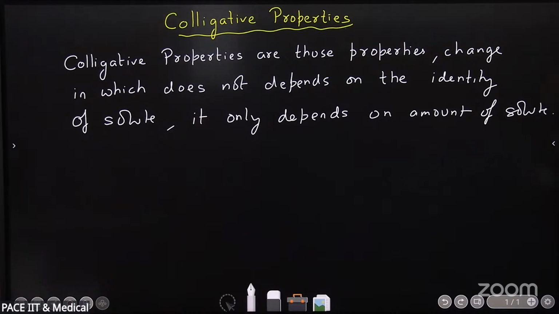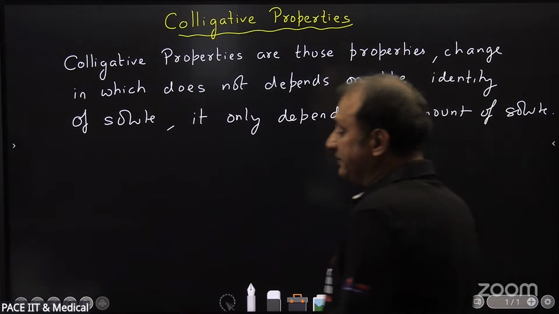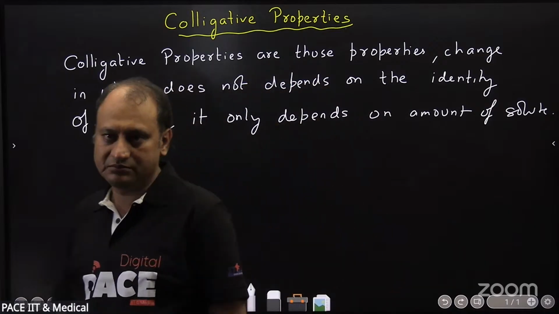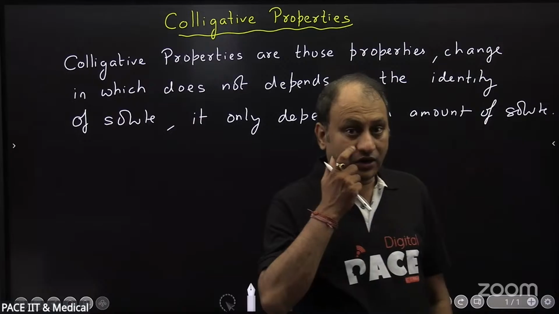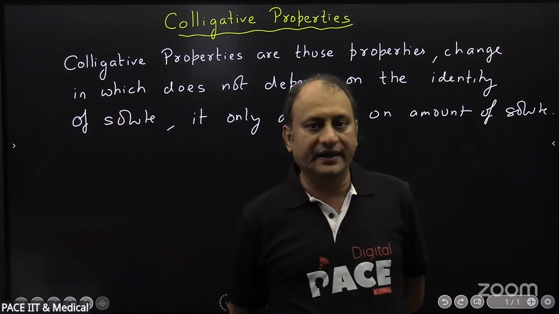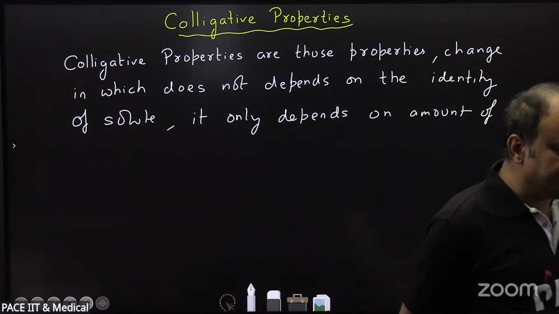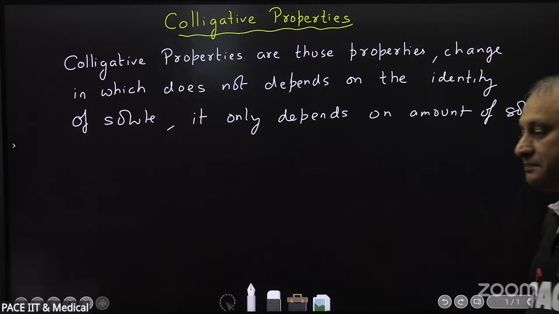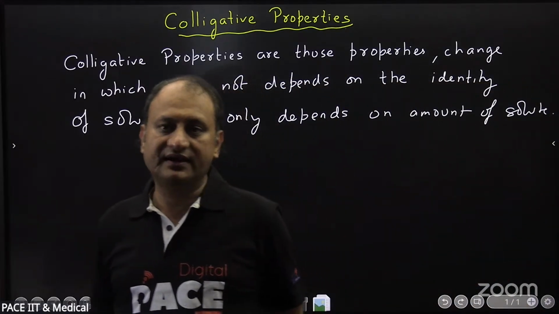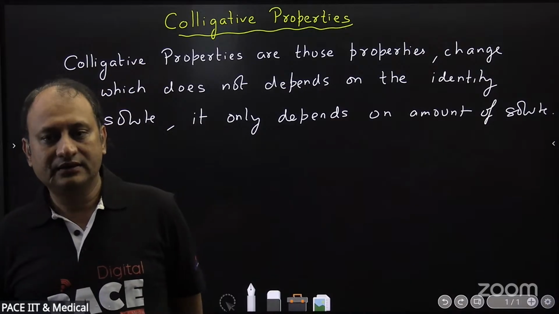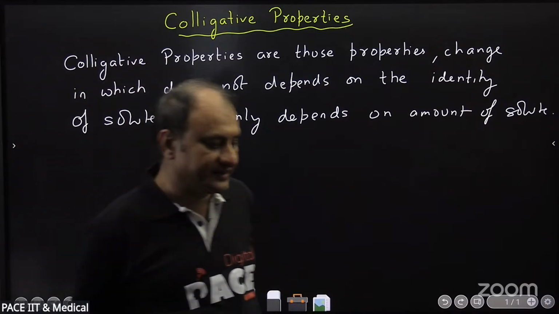But the new density in both the beakers will be different. It will not be same to each other, correct? Now, if density is different, it means the change in density depends on identity of solute. It is depending whether the solute is NaCl or the solute is KCl, correct?